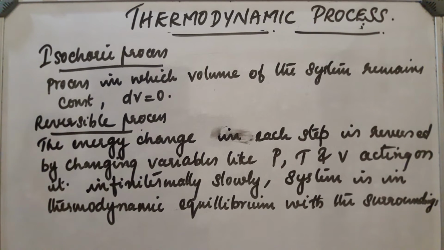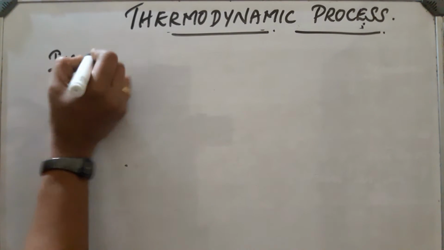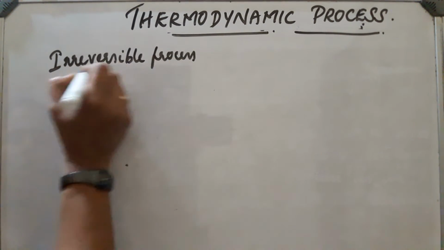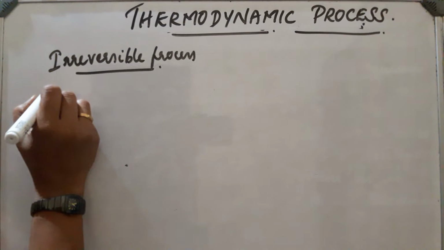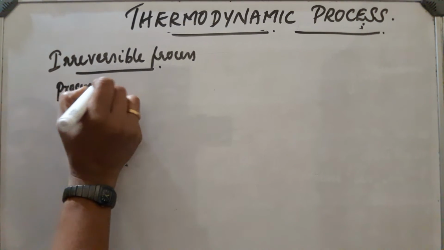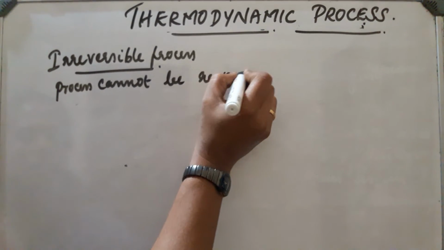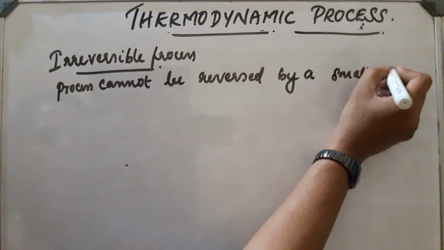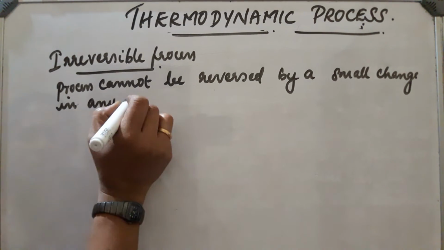Next process is the irreversible process. A process which cannot be reversed by a small change in any of these controlling properties.